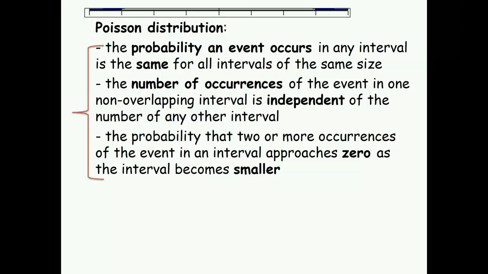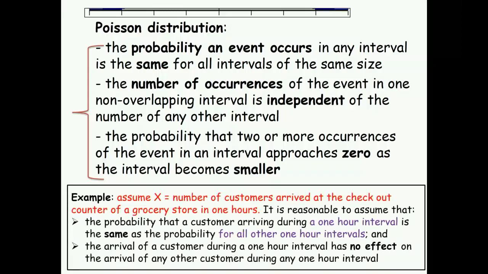A little bit of information I gave here. Assume X is the number of customers arriving at a checkout counter of a grocery store in 1 hour. I am explaining the first and the second. It is reasonable to assume the probability of a customer arriving during a 1 hour interval is the same as the probability for all other 1 hour intervals. 1 hour interval, 1 hour interval, 1 hour interval, the probability would be the same.